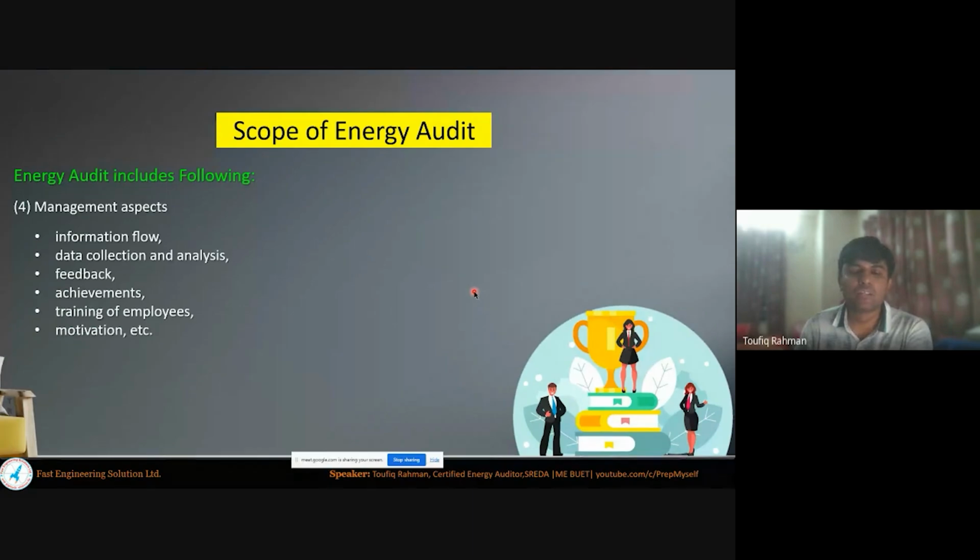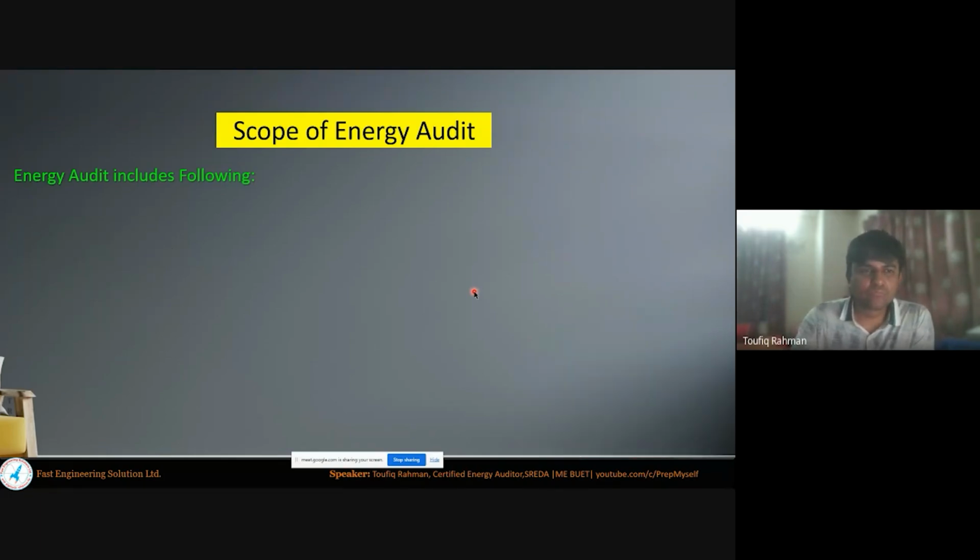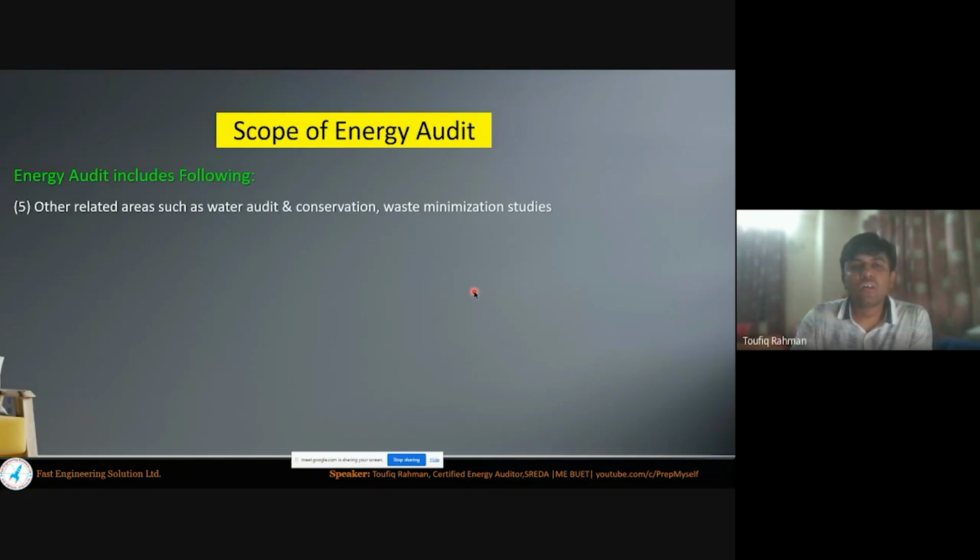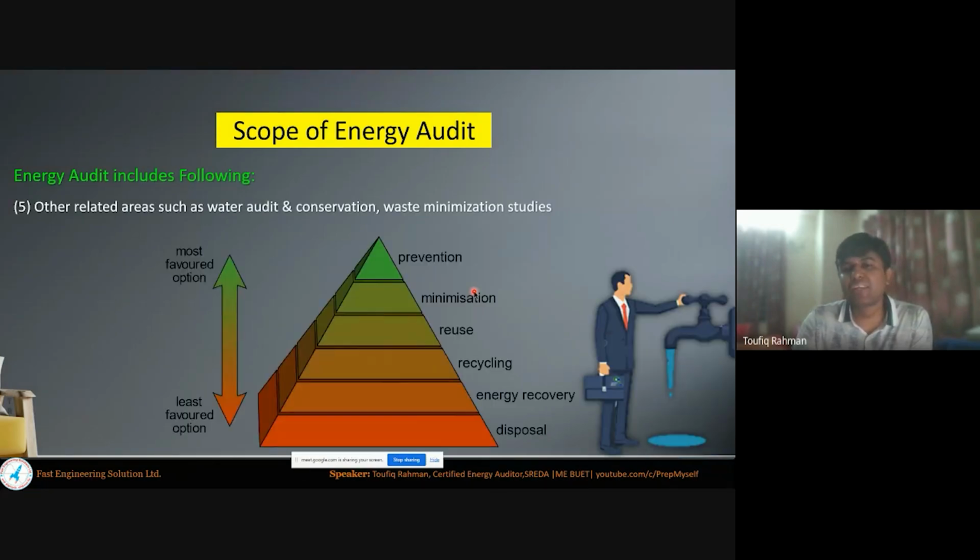As I am talking about energy management, this management aspect is needed if an industry wants to improve its energy management and energy efficiency. Energy audit also does a lot of things. If I had more time, I could explain. But I assure you that energy audit or energy management is only for the minimization of energy.